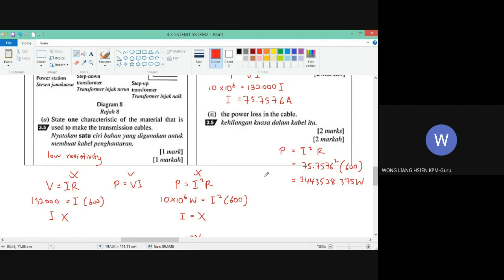So you see here, how much is this? This is 3.4 million watt, right? 3.4 million watt. For your information, this kind of question, you calculate, you get the number like this.